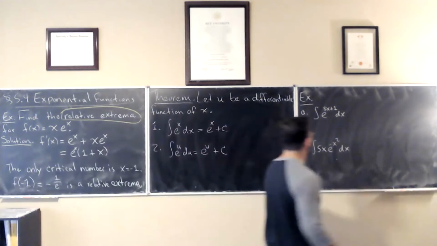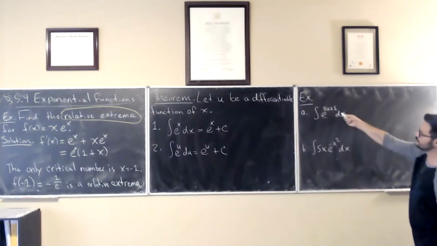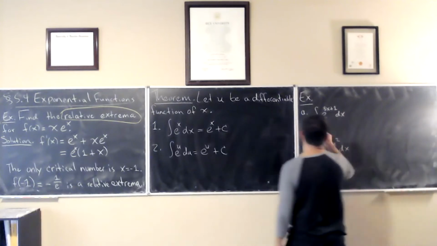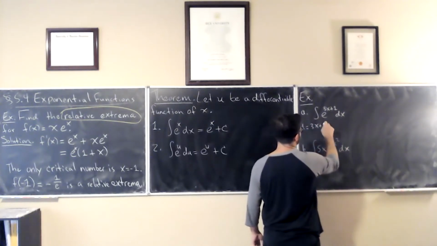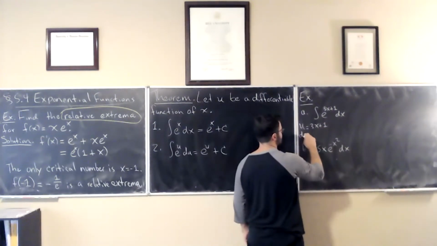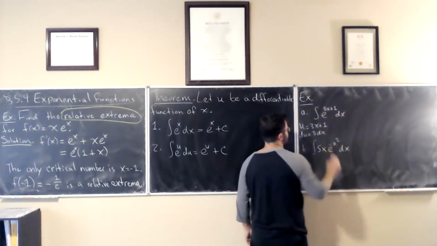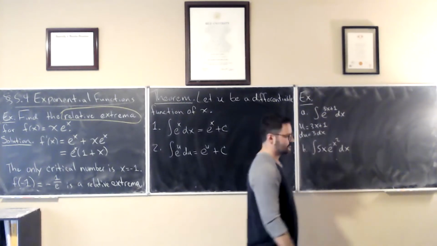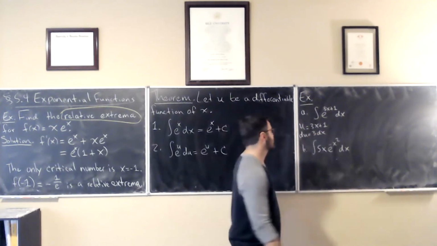Okay, so here we would just need to identify our u in this case. It looks like u would be 3x plus 1. That means that du is equal to 3 dx. In other words, 1/3 of du is equal to dx.